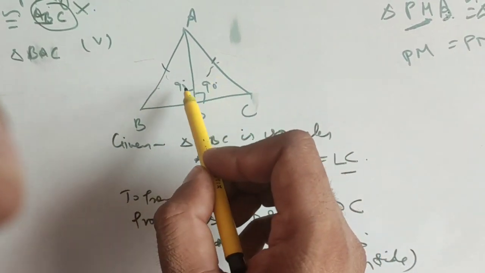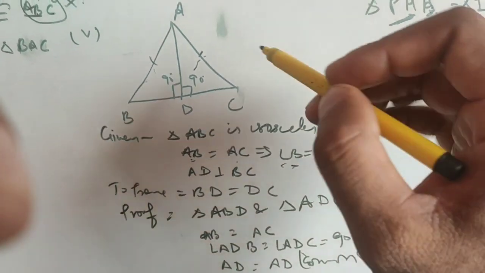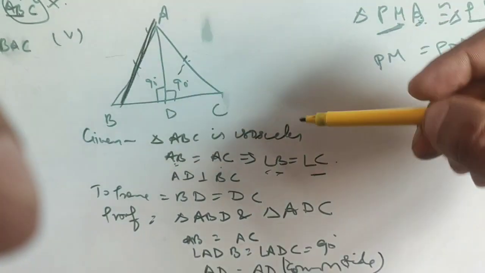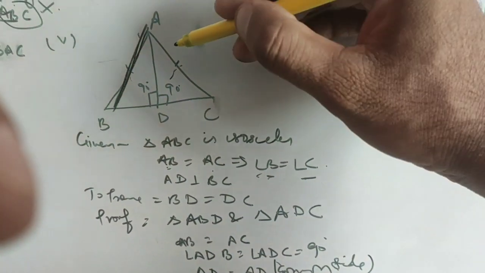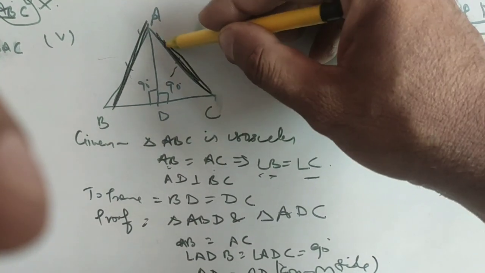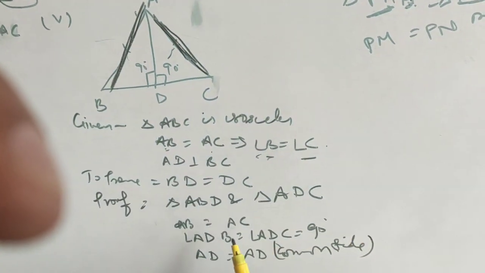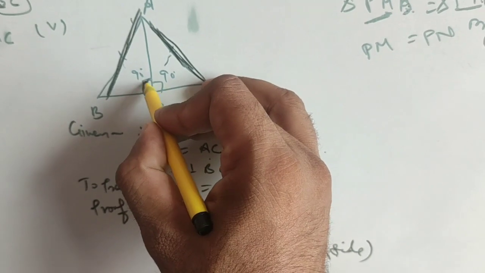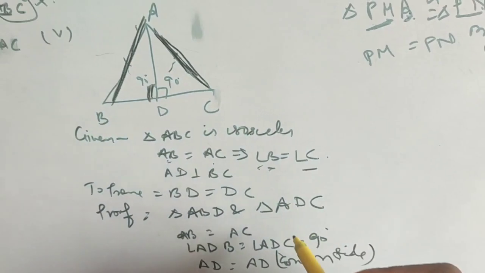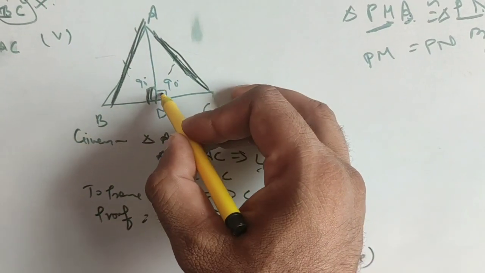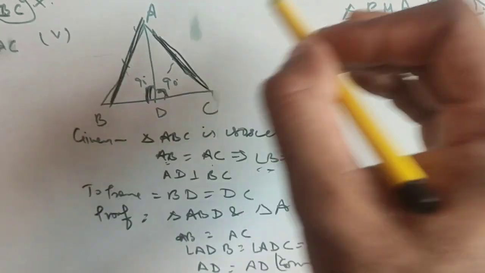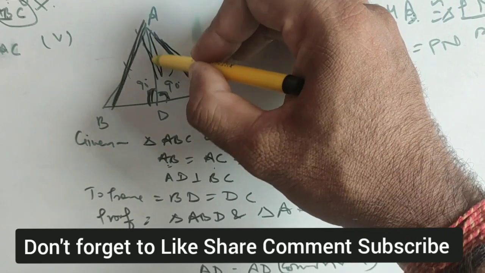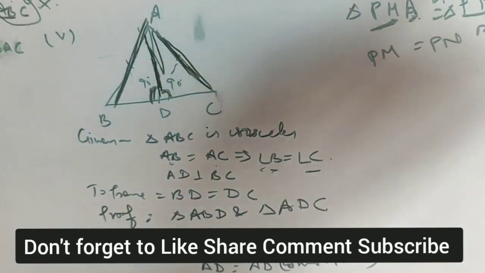Now in these two triangles, if we see here, we have used this length AB, and from here we have used AC. We have used the angle ADB, ADB is this angle, and ADC is this part, and AD equal to AD is common, so this part is what we have used in both the triangles.